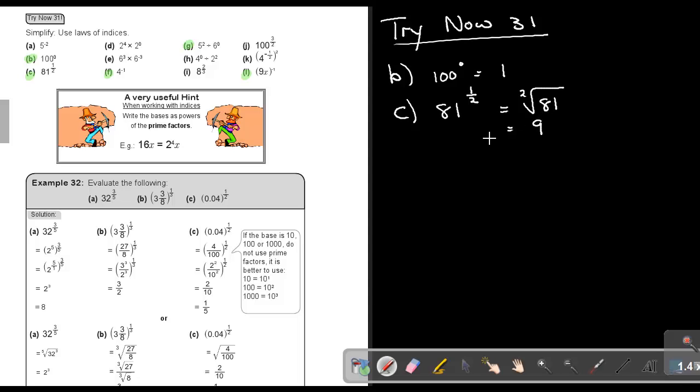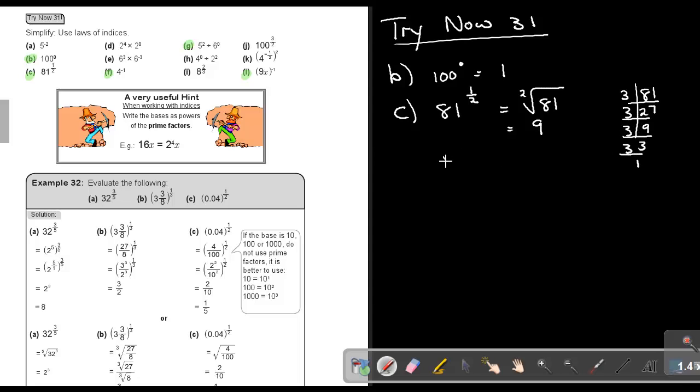Or I can, and this rule is very important, a very useful hint when working with indices: write the bases as powers of the prime factors. So in this case, I'm going to say 81 and I'm going to start. 2 cannot, but 3 can go in 27 times, and 3 can go in 9 and 3 can go in 3 and 3 can go in 1.